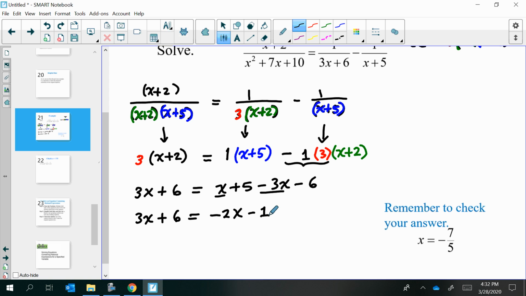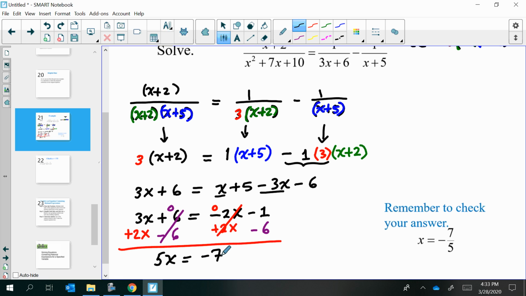Now that everything is simplified on each side of the equal sign, I'll go ahead and start consolidating all my variables to one side, choosing to go to the left since then everything will be positive. And I can also consolidate all my constants to the other side, so now I have 5x on the left is equal to negative 7 on the right.